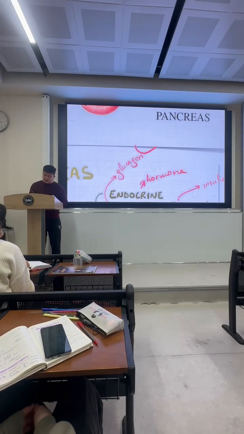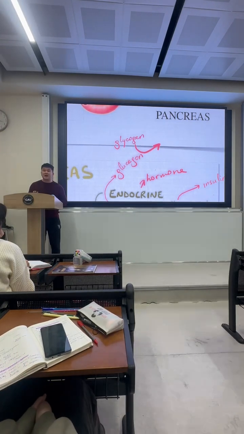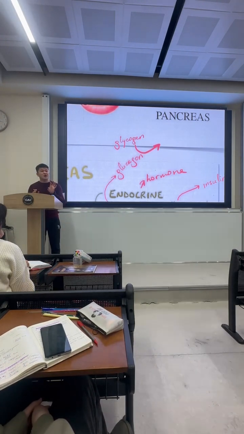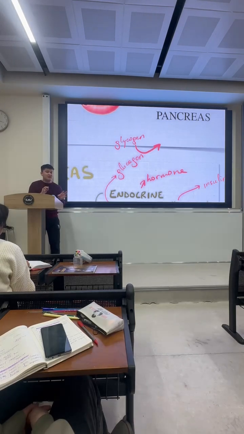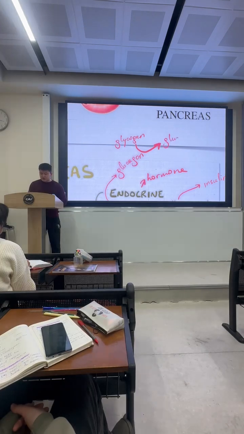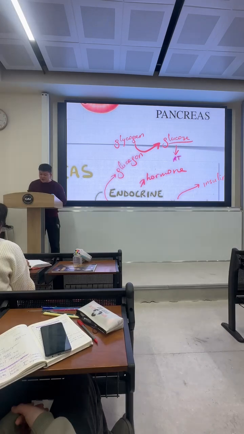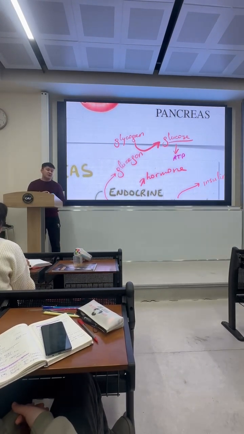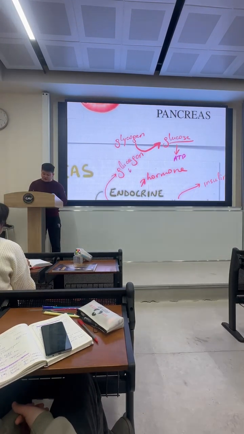Because of the glucagon, I break down the glycogen, which is a polymer, stored in the liver and in the muscles. Glucagon goes to the muscles and liver and breaks down the glycogen into glucose. From this glucose I make energy, ATP, so my cells can function when I am hungry.